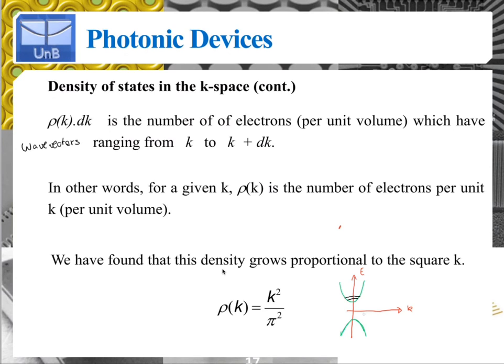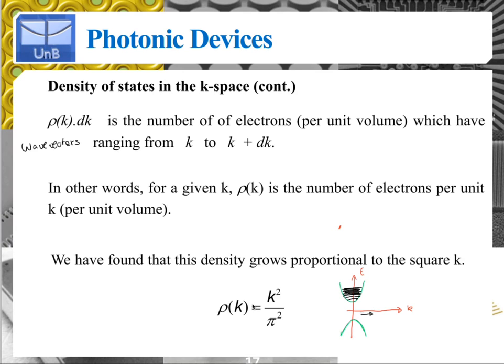And as k increases, think of these points right here. We can only think of the positive values. As k increases in this direction, so does the density of states rho of k. That means that you have more states per unit k. The states are going to be bunched up together. You're going to have more states as you go up in the bands.